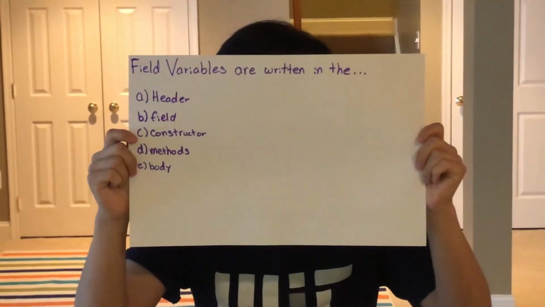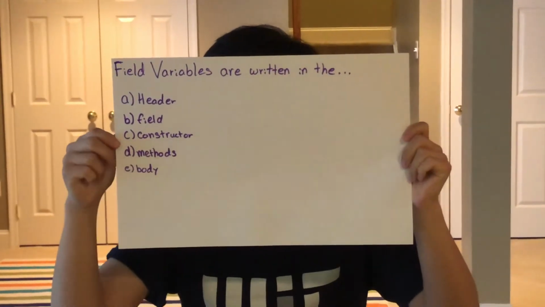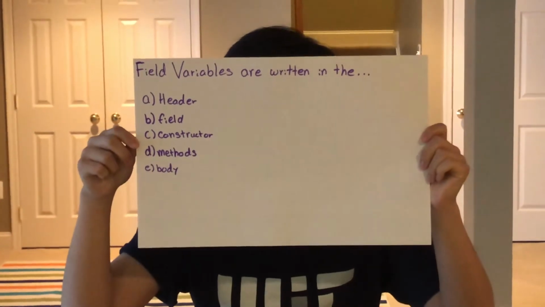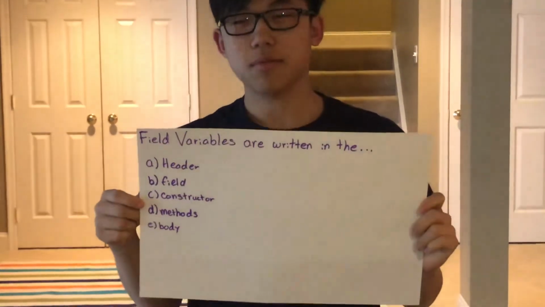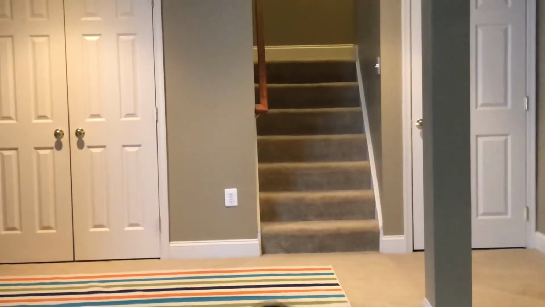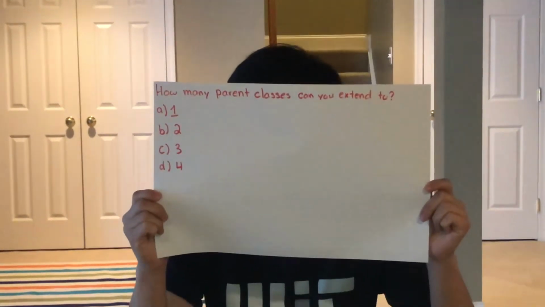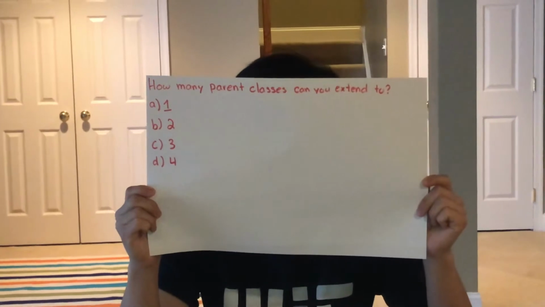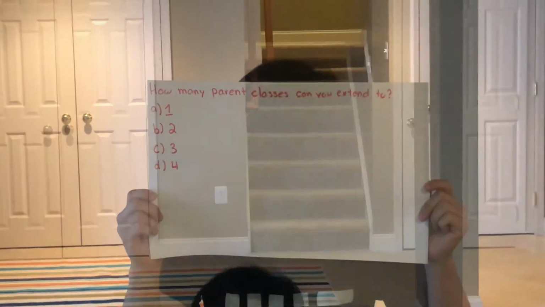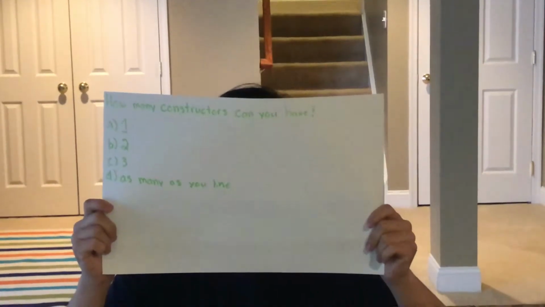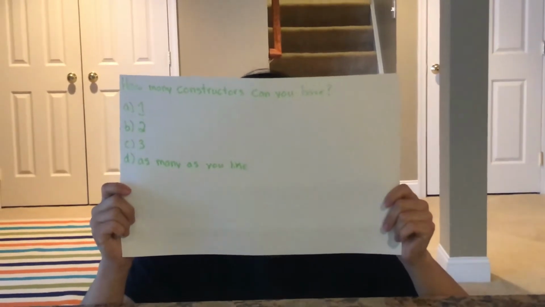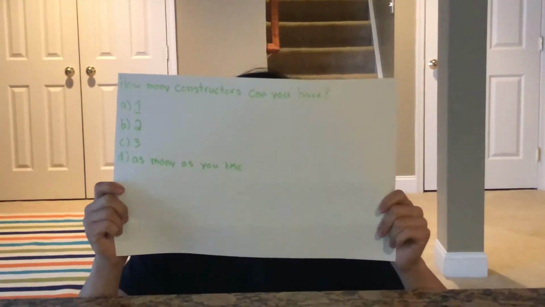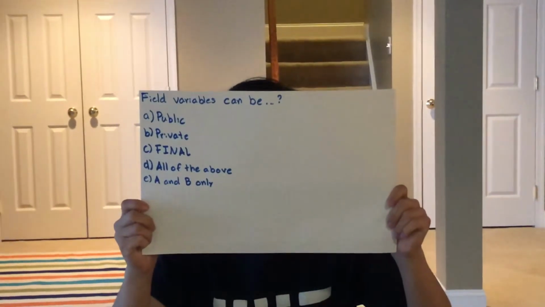Review question number 1. Field variables are written in the... We good? Review question number 2. How many parent classes can you extend to? Review question number 3. How many constructors can you have? Review question number 4.